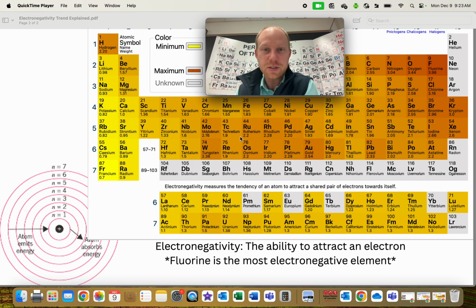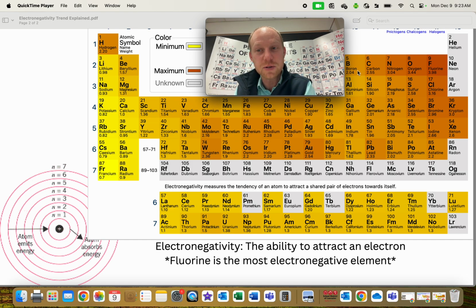So why, as you move left to right, would the electronegativity value increase? Well, it's because you get more protons. If you think about the Bohr model of the atom, the protons are in the middle and the electrons are on the outside. So if you're in shell 2, you only have 2 shells. As you move left to right, you get more protons, which sucks that electron cloud in.